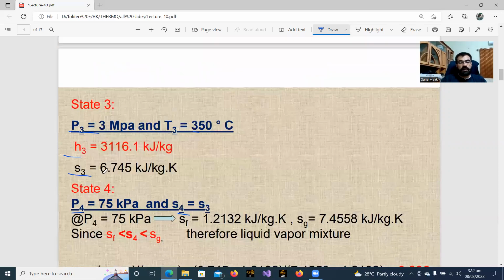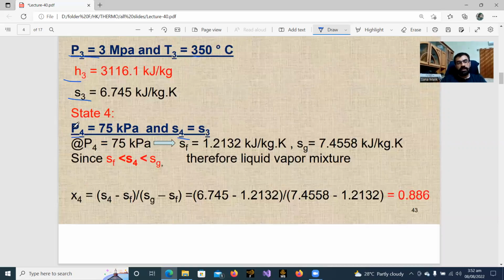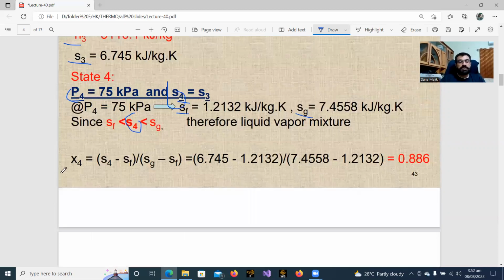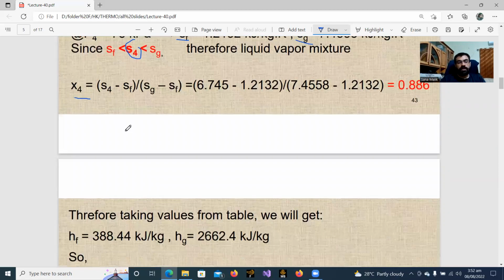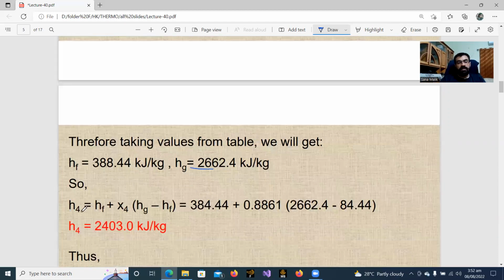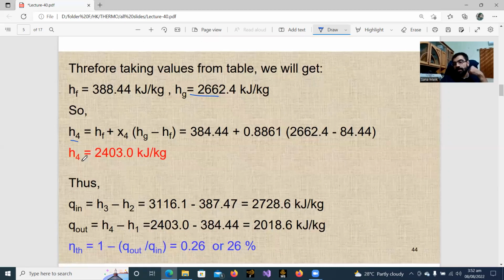So for that, at P4 and S4, we compared S4 with SF and SG, and our S4 was coming in between. So therefore, we concluded that it is a liquid-vapor mixture. So we found X4, and with the help of X4, we find HF and HG, and we find H4. Now all the enthalpies are known.